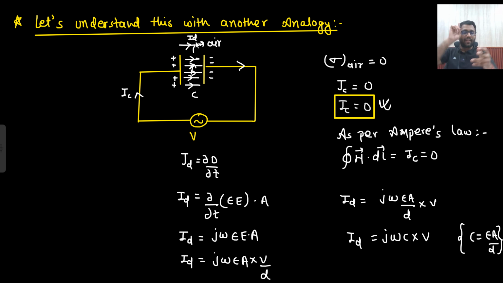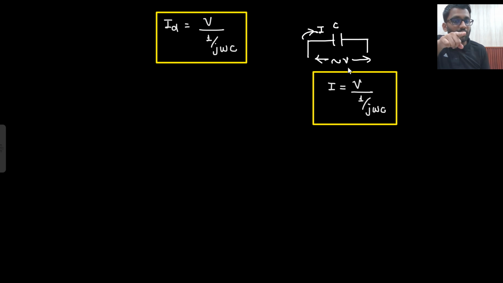So here, the conduction current of the wire is equal to the displacement current of the capacitor. But when you used to write the formula in network analysis, at that time you were not told that it is displacement current. You thought, sir, it is the normal current which we write as voltage by impedance, right? Impedance provided by the capacitor is 1 by j omega c. This is how you used to write down the current. But now is that clear? That was that displacement current.